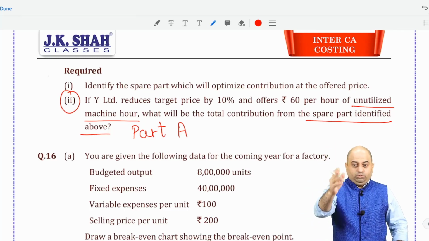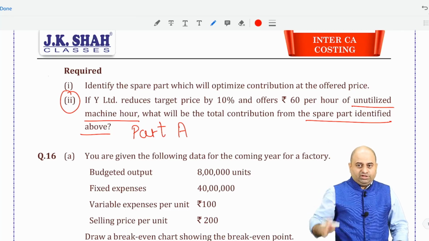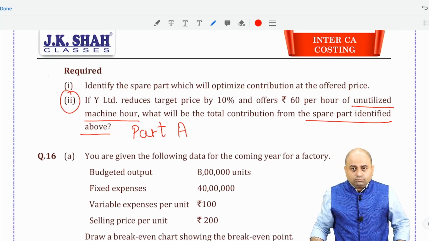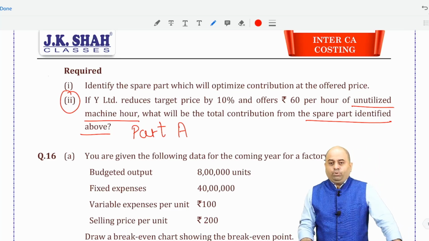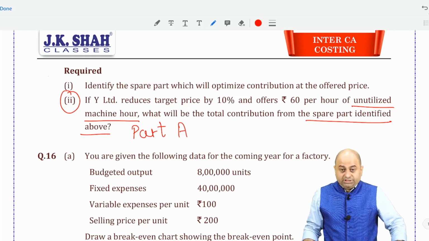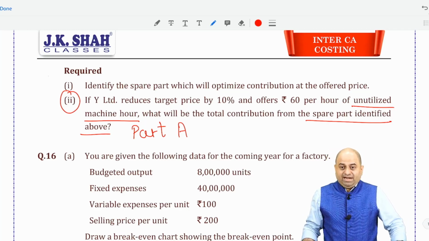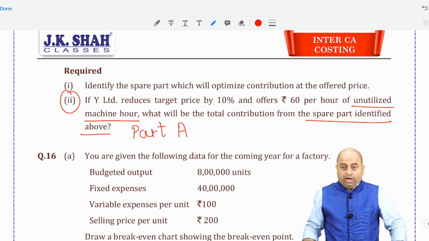You must have selected some units; I still repeat, the lowest of the three, which you did for material, machine A, and machine B. My point is pretty simple: find out total machine hours, subtract the utilized machine hours, the ones used for making the number of units you selected in part 1. The remaining will be the unutilized machine hours.